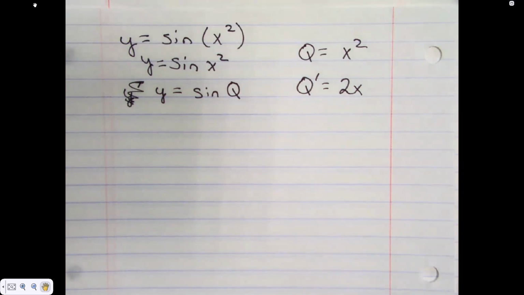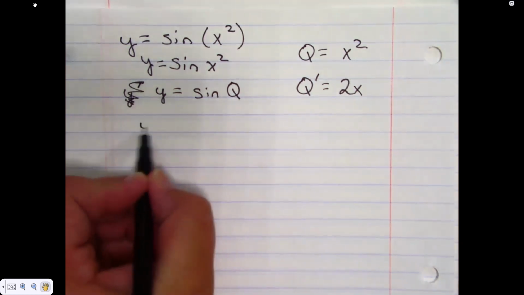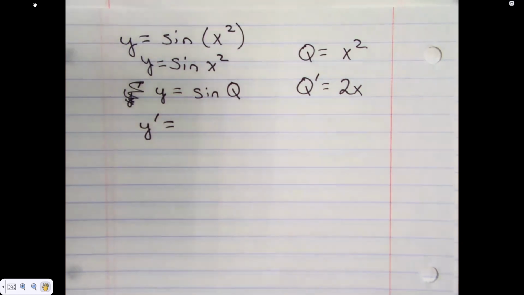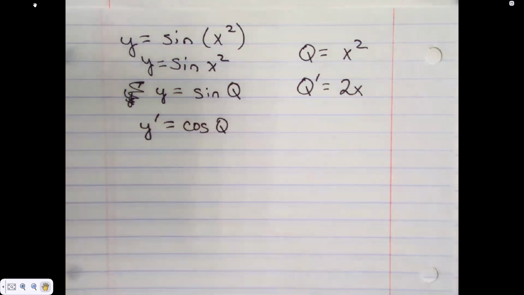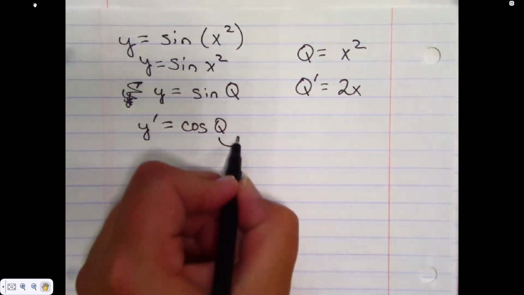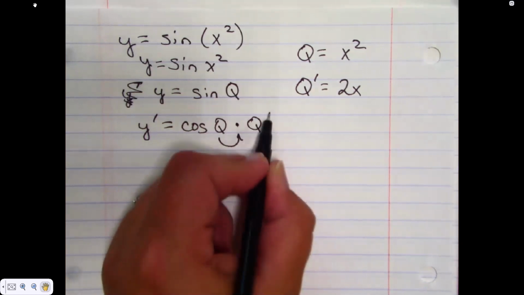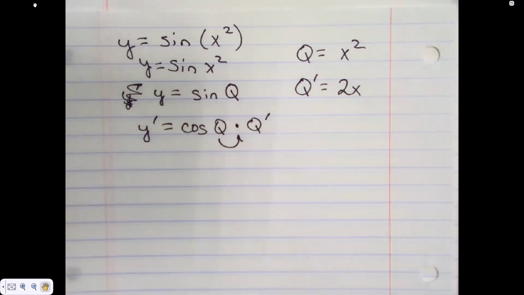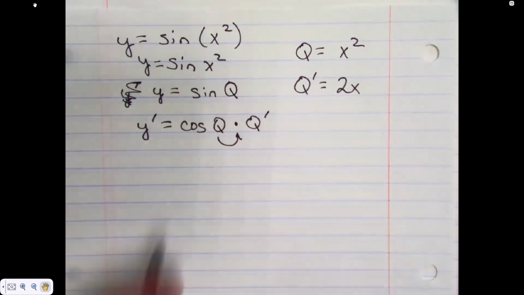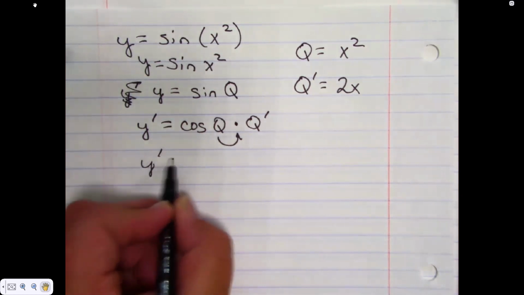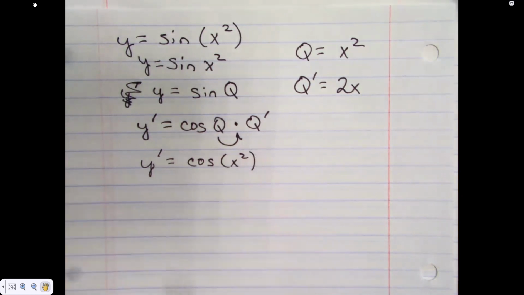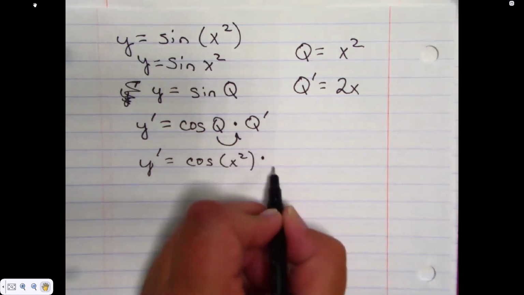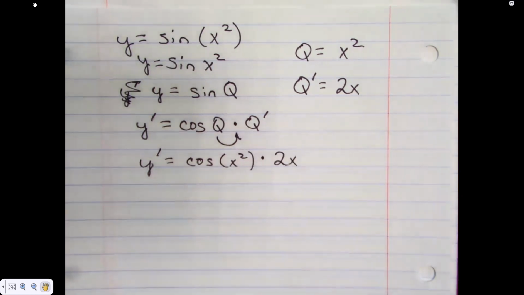All right, so that's still y. So now the derivative of sine is cosine of q, but then I have to take it times the derivative of q. So it is cosine of x squared, and then times the derivative of q, which is 2x.